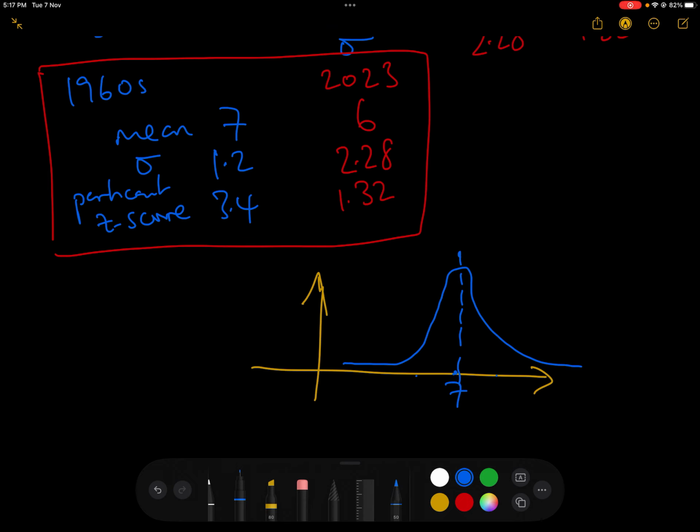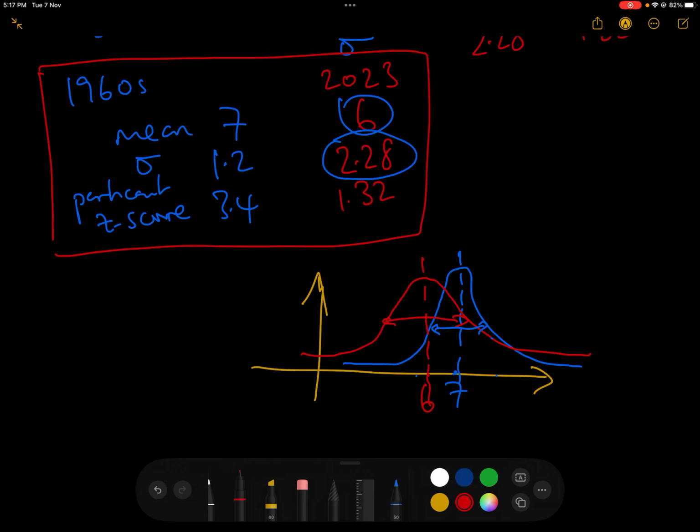With the 2023 experiment, the standard deviation is much wider and the mean is slightly lower. The mean in 2023 is now 6 instead of 7, and it's a much wider curve, like that, rather than this one, which was much narrower.